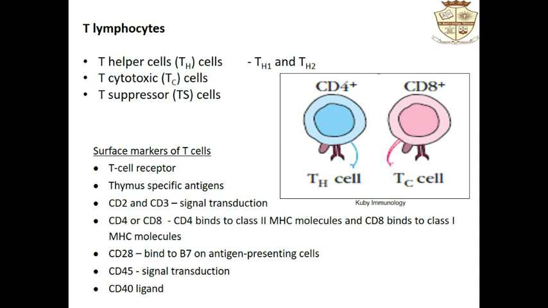The common surface markers of T lymphocytes are T cell receptor or TCR, thymus specific antigens, CD2 and CD3 which function in signal transduction, CD4 or CD8 where CD4 binds to class II MHC molecules and CD8 binds to class I MHC molecule, CD28 which will bind to the B7 receptor on the surface of antigen presenting cells, CD45 which functions in signal transduction, and there is a CD40 ligand.